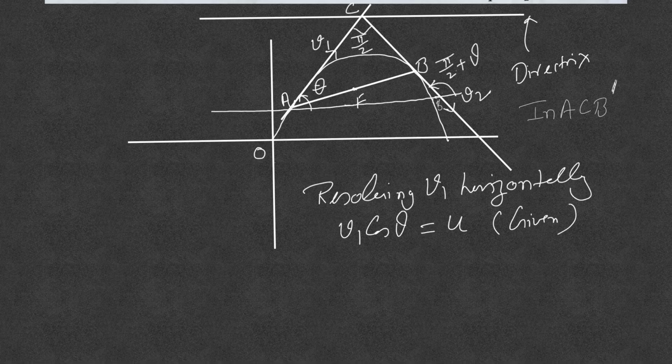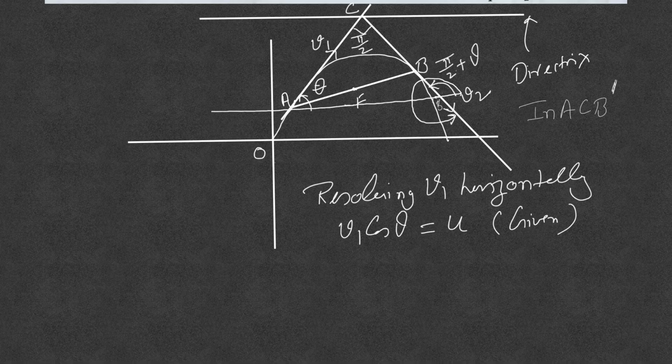Now if we resolve the second one, v2 is in this direction, horizontal is in this direction, so we have to take the angle in the anti-clockwise sense. So in that case we have to take this particular angle starting from here in the anti-clockwise sense and ending over here.